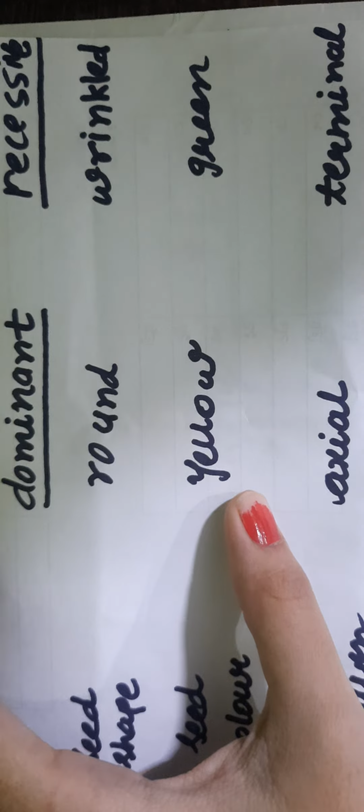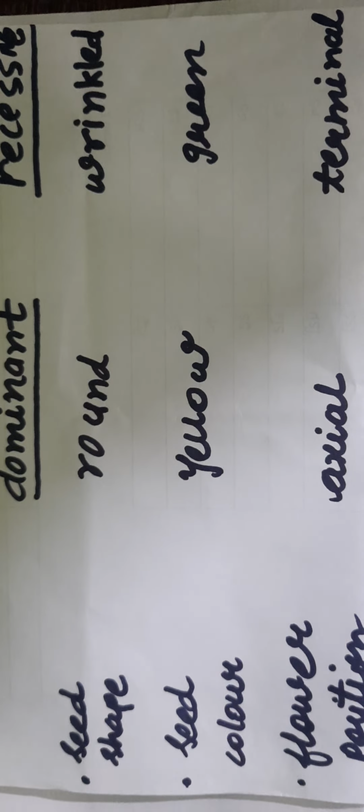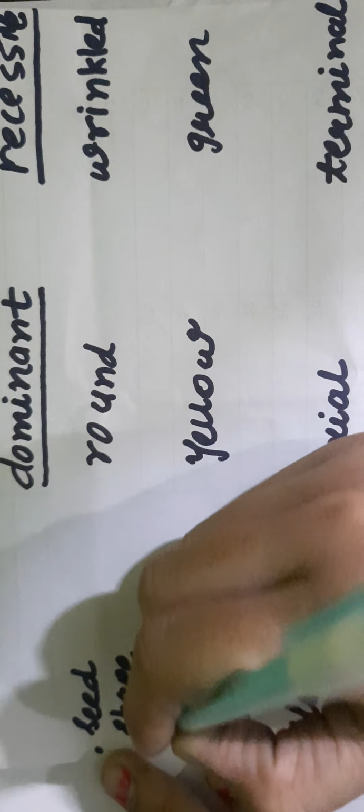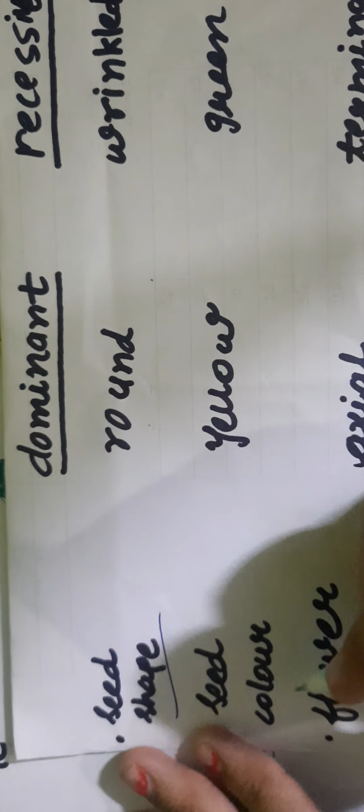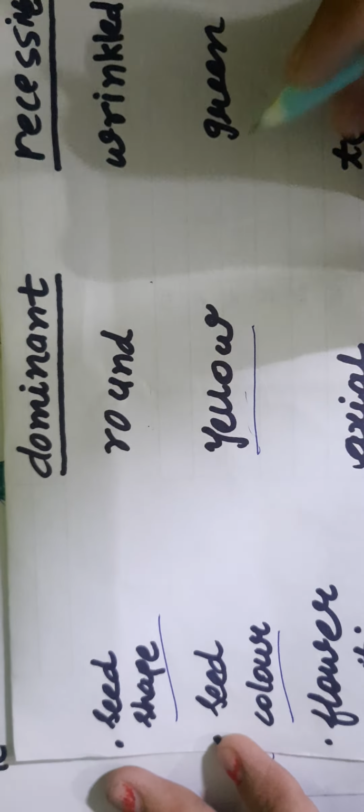In Mendel's dihybrid cross, Mendel considered two kinds of traits, right? Which were those two traits? Let me just tell you. Firstly, the trait was the seed shape, whether the seed shape is round or wrinkled, and the other was the seed color, whether the seed is yellow or green.